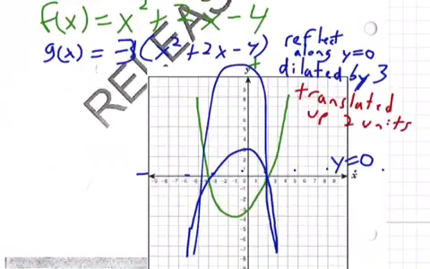Either way, you have to have the translation in there, you have to have the dilation in there, and you might want to mention that it's reflected because the lead coefficient is changing, so that's going to be some type of reflection on whether it opens up or opens down. Okay?